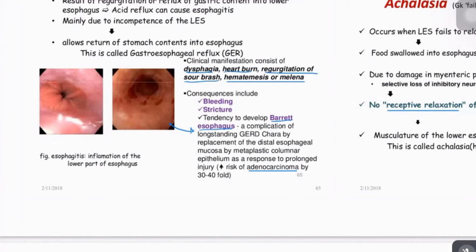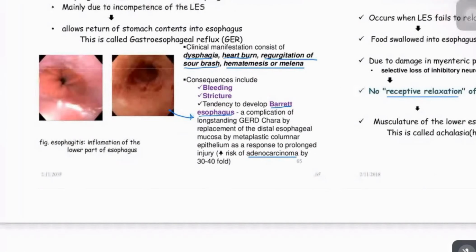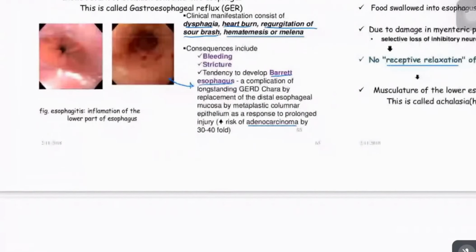Your clinical manifestations of your GERD are dysphagia, heartburn, regurgitation of the brash, hematemesis or melena in serious or chronic cases, or there may be complications. Consequences include bleeding, stricture, tendency to develop Barrett esophagus.